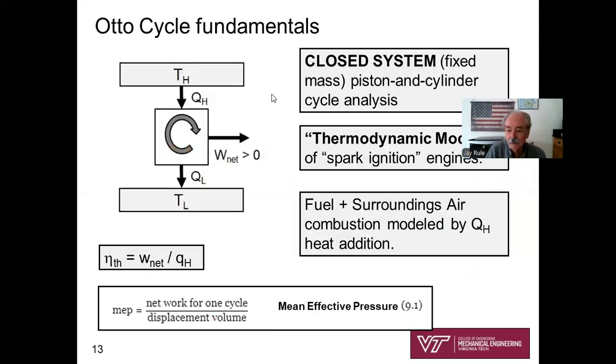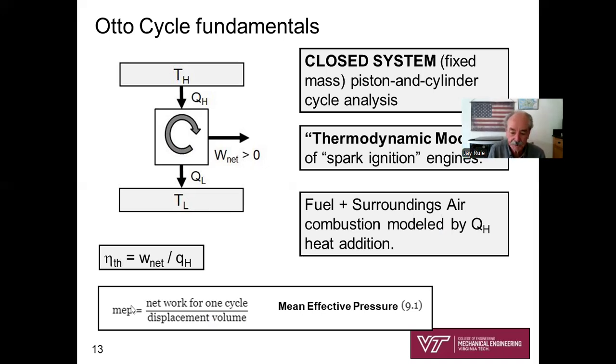A reminder, for our basic cycle schematic on the Otto cycle, what are we trying to do? The thermal efficiency is W net divided by QH, the heat added, the energy sought over the energy that costs. Once we've got W net, QH is given, so we can immediately calculate the thermal efficiency.